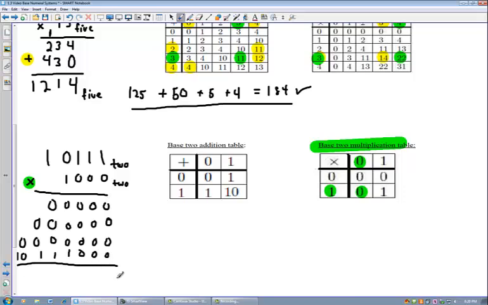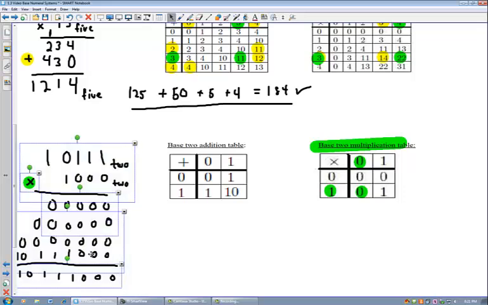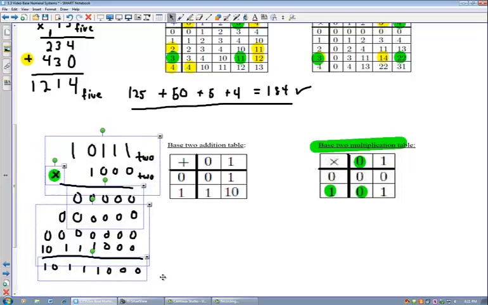And then I add all the columns, and I'm going to get 0, 0, 0, 1, 1, 1, and then a 0 and a 1. And let me move this over because I'm running off the edge right here. There we go.